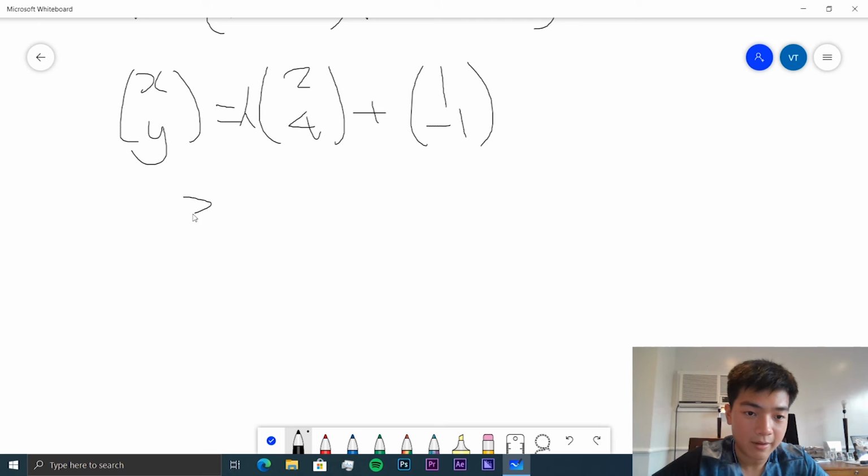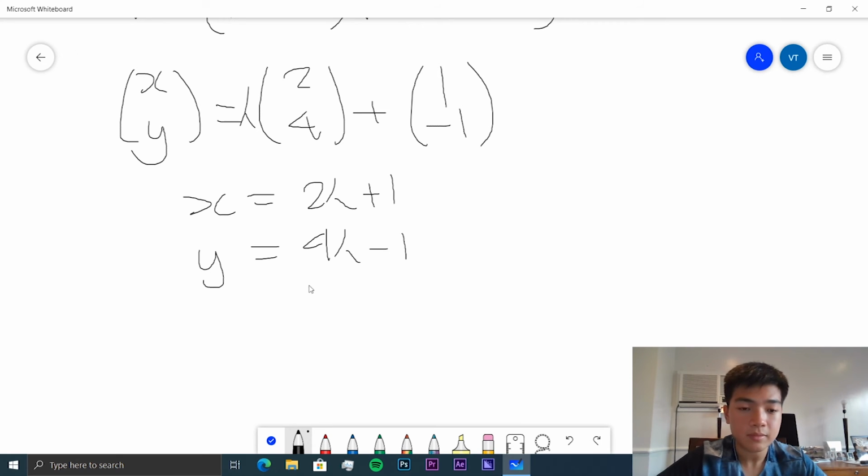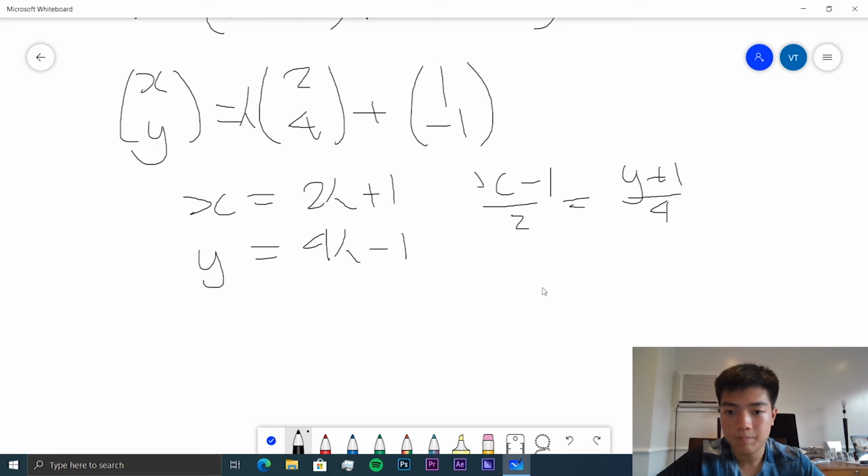Here we have x is equal to 2 lambda plus 1, y is equal to 4 lambda minus 1. Eliminating lambda, (x minus 1) over 2 is equal to (y plus 1) over 4. So we have y is equal to 2x minus 2 minus 1, which is 2x minus 3.